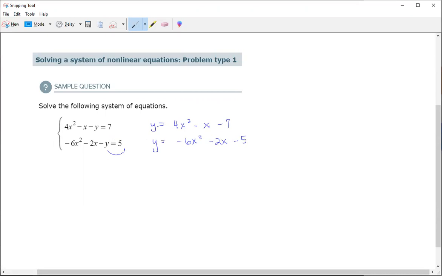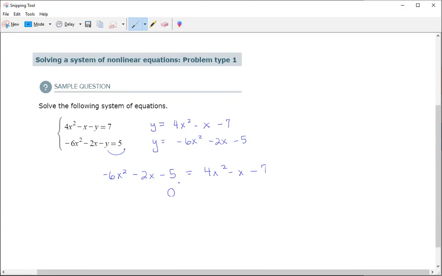All right, now I need to set them equal to each other using substitution. So I would have negative 6x squared minus 2x minus 5 equal to 4x squared minus x minus 7. So I'm going to set this side equal to 0, and move all this stuff over here.